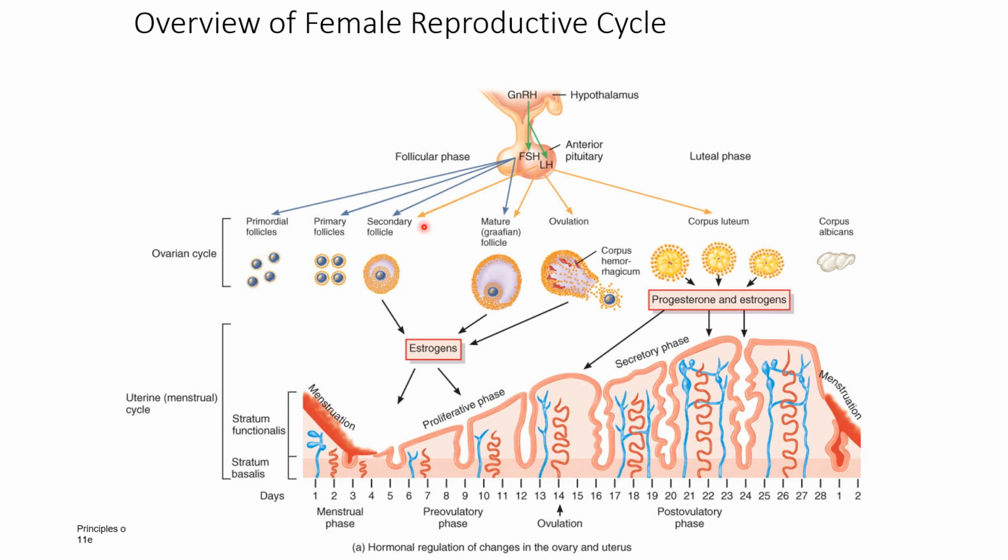So right here is the blocking effect of estrogen-based contraceptives. When you block the follicular phase, there's no Graafian follicle, and therefore there can be no ovulation. So fertilization is prevented by estrogen-based contraceptives.